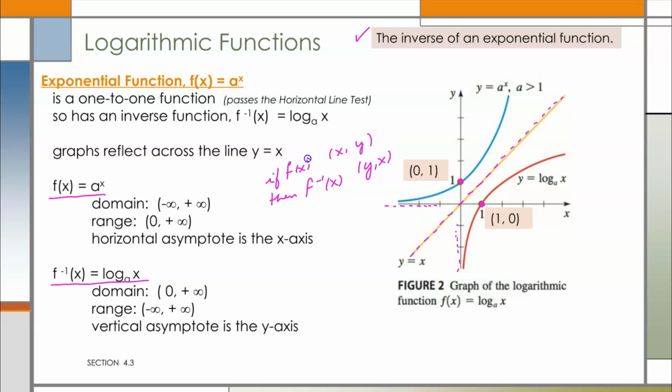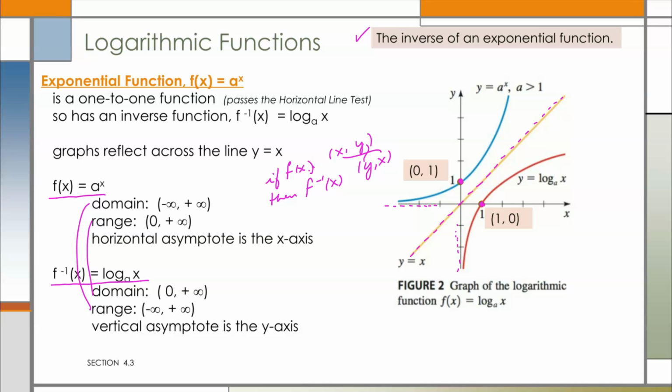An xy coordinate of f of x is the yx coordinate of f inverse of x. Notice that the domain becomes the range, and the range becomes the domain. We're flipping the x and the y.